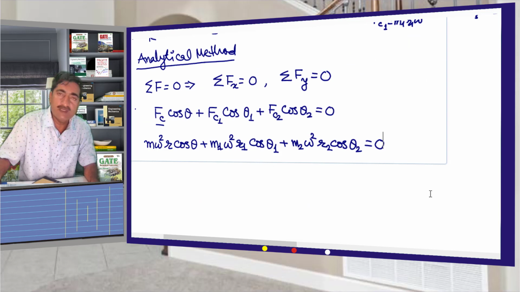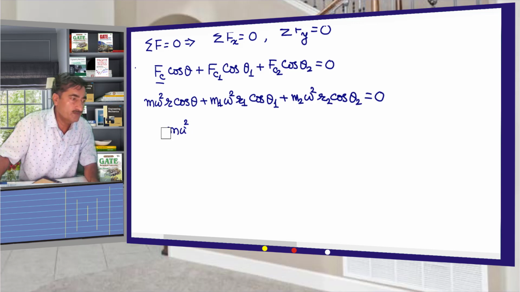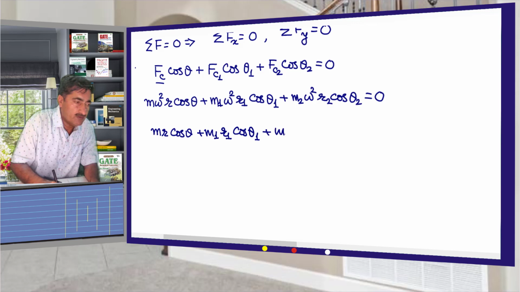Omega square will be cancelled out, then remaining term: m r cos theta plus m1 r1 cos theta 1 plus m2 r2 cos theta 2 equal to 0.